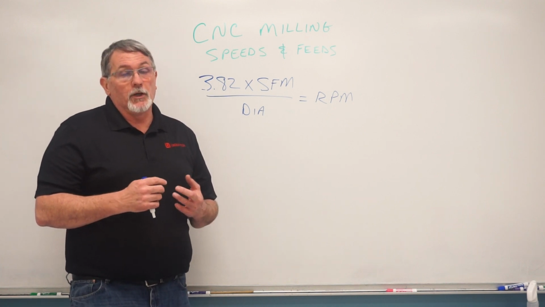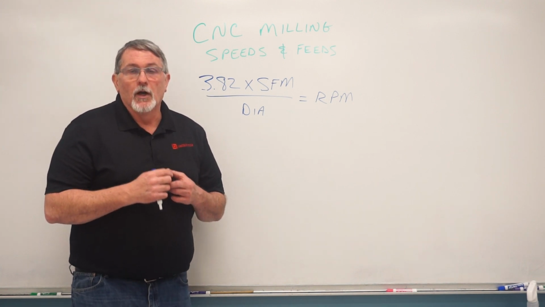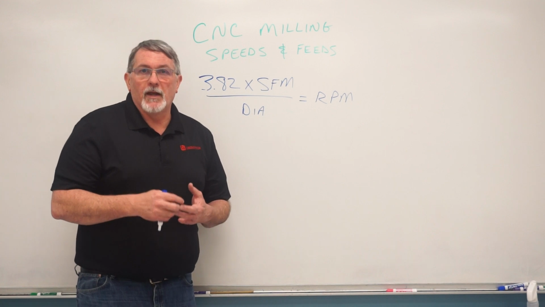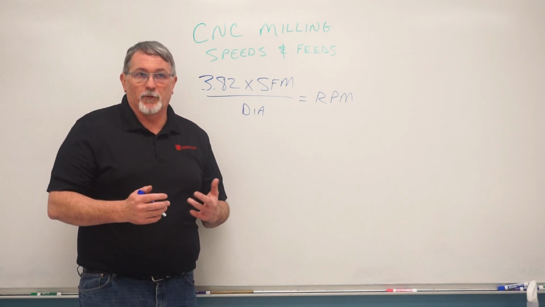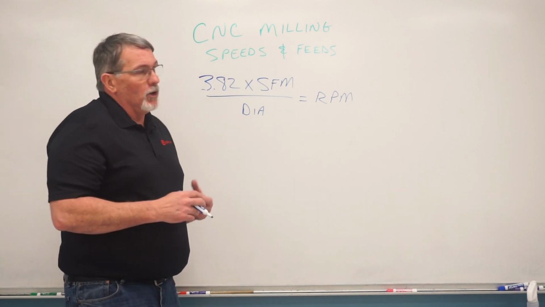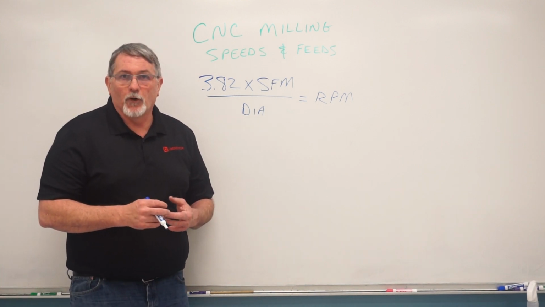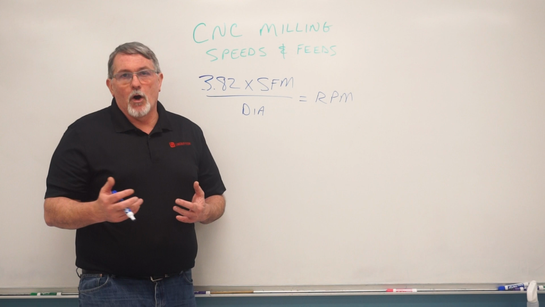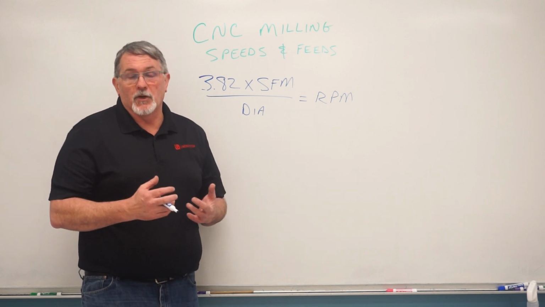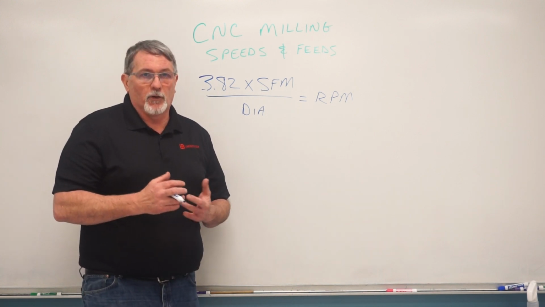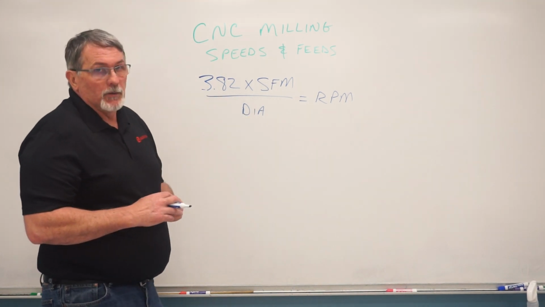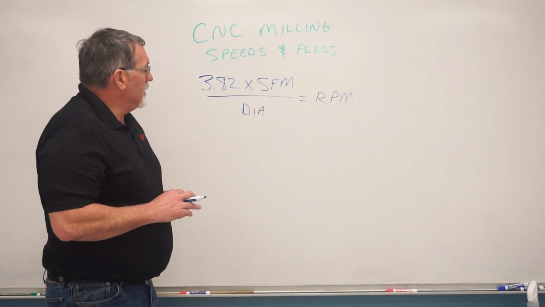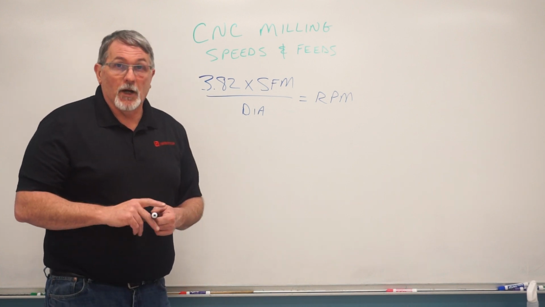Really, you need to look at the tooling manufacturer and their specific tool and ask, cutting this type of material, what's the recommended range of surface footage? We use aluminum at about 700 surface feet. Some of the harder materials like 4140 may be as low as 175 surface feet. So we're going to use a number for that, and then divide by the diameter. The diameter is the diameter of your cutting tool.